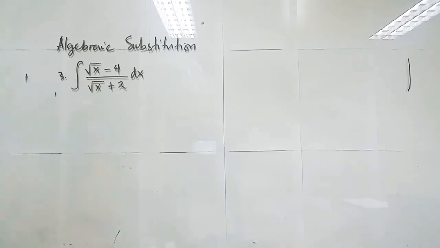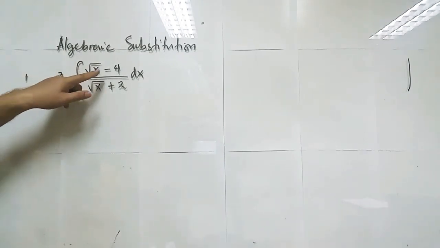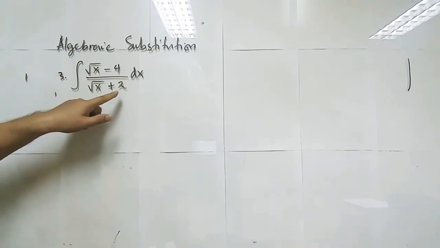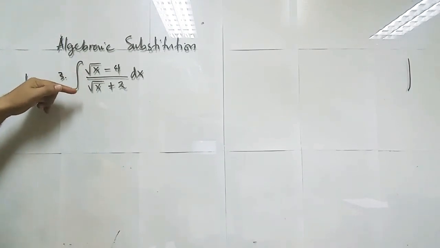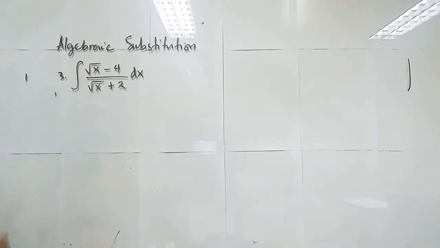Another example is the integral of square root of x minus 4 over square root of x plus 2 dx. What makes this problem complicated is the square root of x. You can divide this one first before doing the algebraic substitution, but in my case, I will go directly with algebraic substitution.